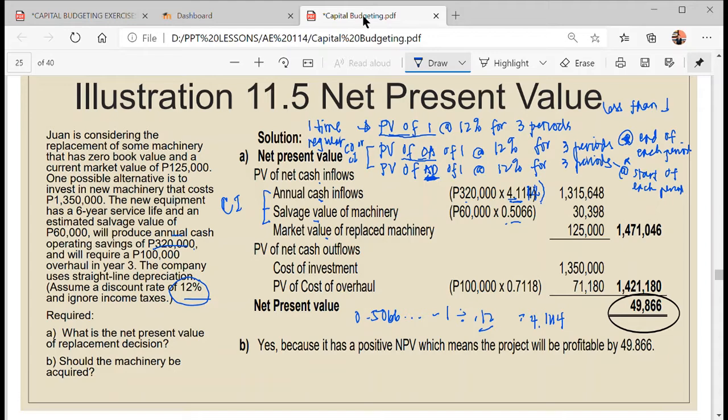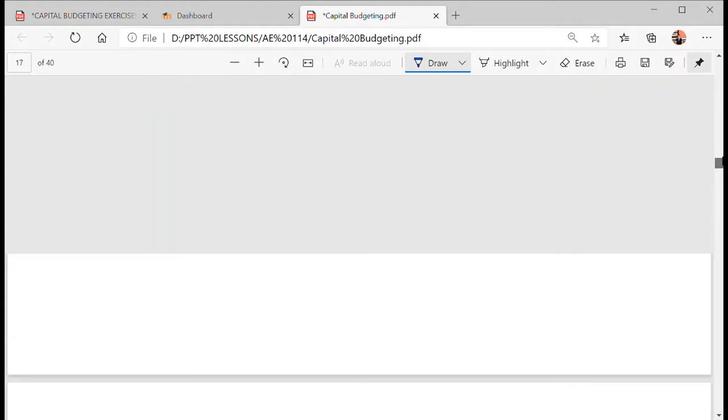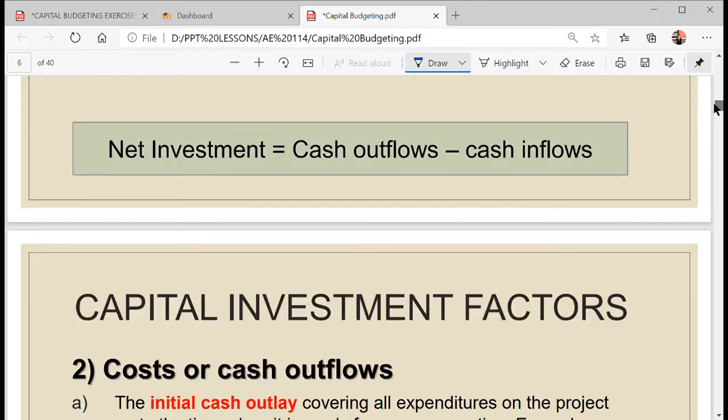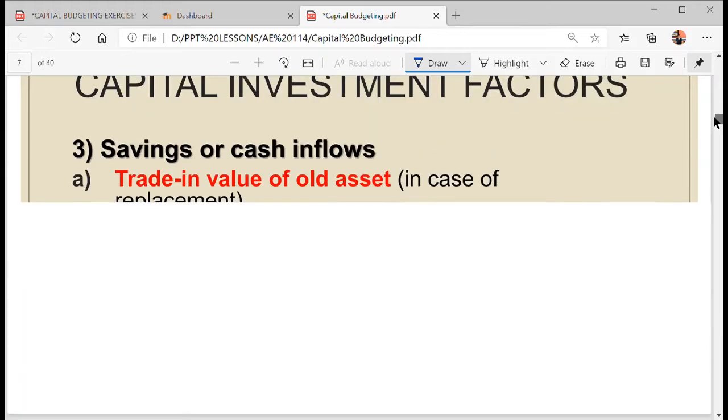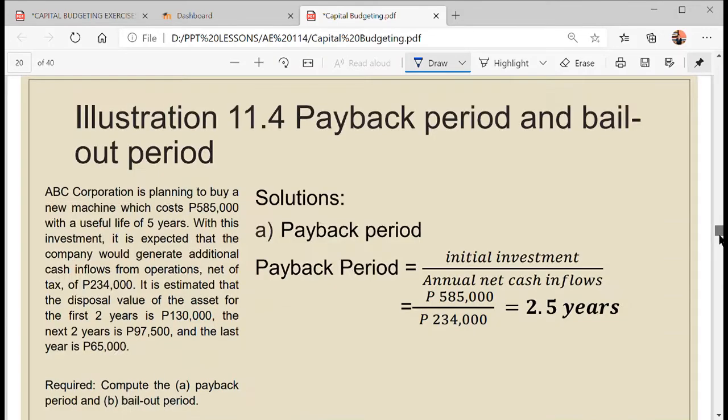Next is the salvage value of machinery. It is included in our total cash inflows. If you can recall in our previous lesson, you have the trade-in value of the old asset, proceeds from the sale of the old asset less applicable tax, add tax savings, and avoidable cost of repairs.